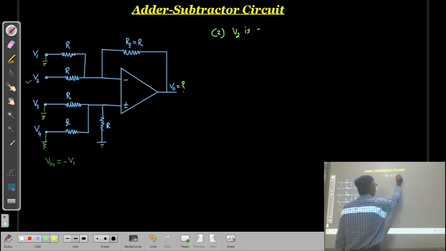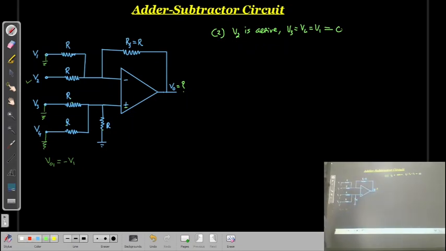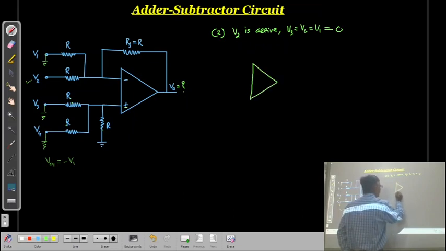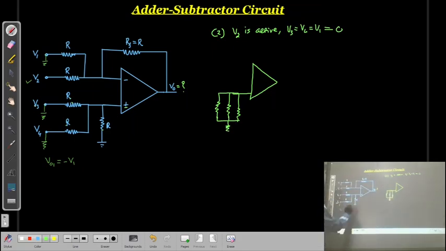V2 is active and V3 is equal to V4 is equal to V1, and that is equal to 0. So again, if we see the circuit, then here all the three resistors are in parallel, because V3, V4 and this resistance are connected to ground.